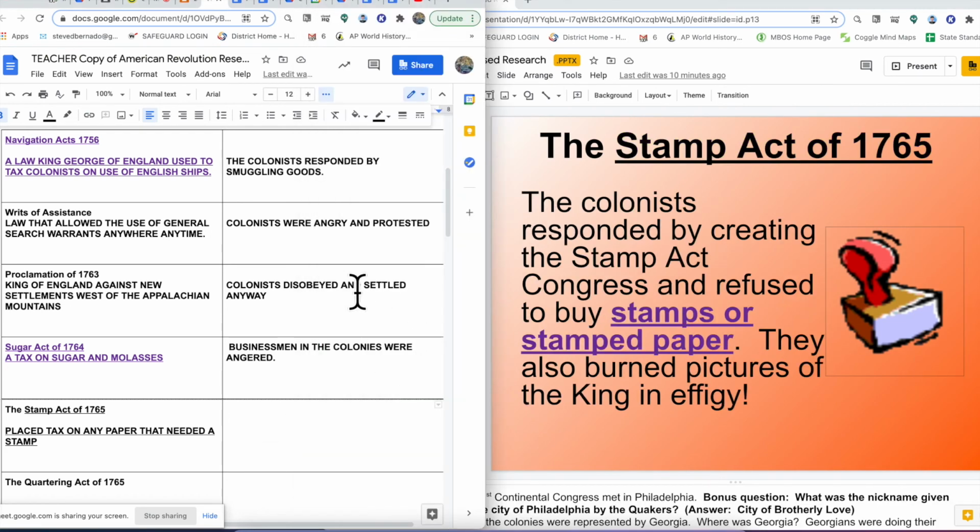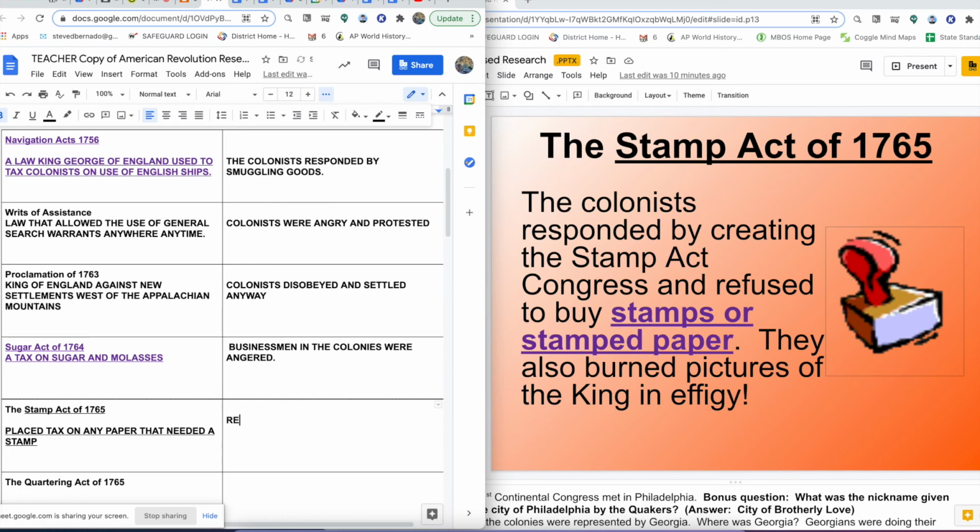How did the colonists react? Well, the colonists responded by creating the Stamp Act Congress and refused to buy stamps or stamped paper. They also burned pictures of the king in effigy as symbols of rebellion.